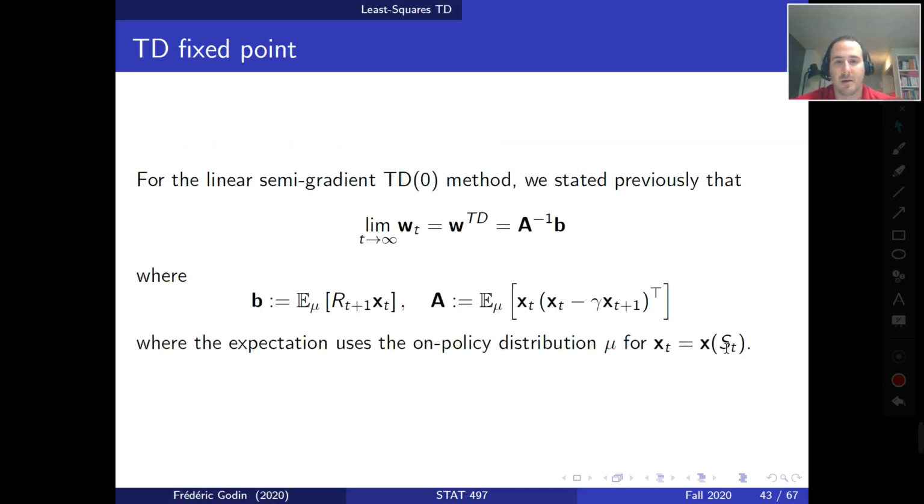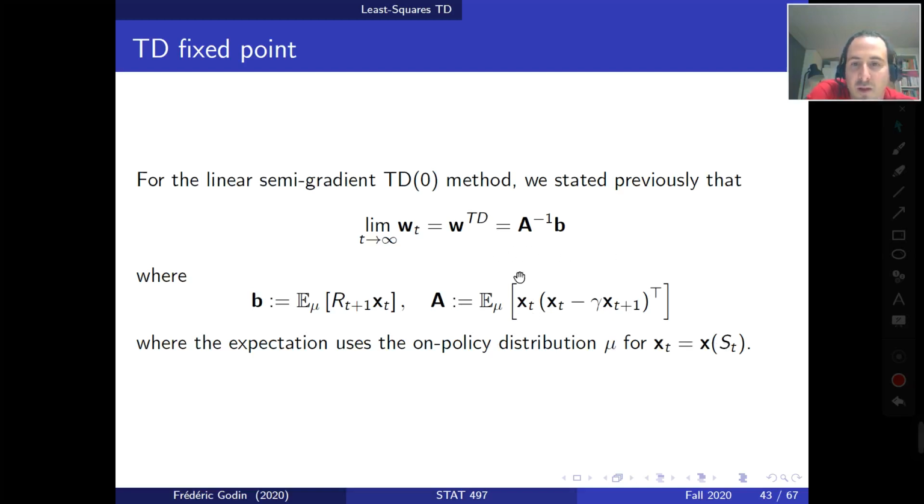Okay, so recall that for this linear approximation case, we just stated that our parameter estimates will converge not to the global optimum of our objective function, the mean square error of the value function, but instead to the TD fixed point, which can be given by this expression.